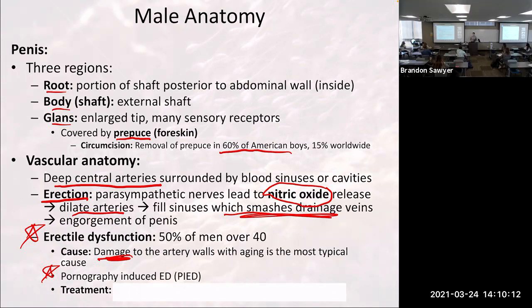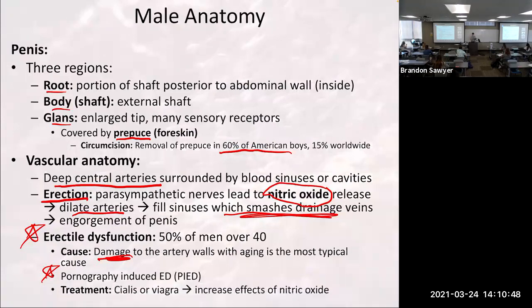It pretty much rewires your brain in such a way that you can really only get an erection if you see some very extreme things that you've been used to seeing in pornography. So much so that when you actually get to have sex with your wife or whatever it might be, that doesn't do it. That doesn't actually lead to an erection because your brain's so strangely wired for pornography instead. This is becoming a very common reason for erectile dysfunction in our country. So it's a sad thing for sure.